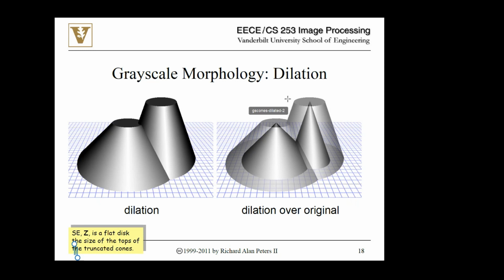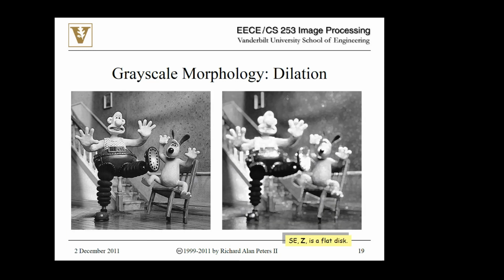Next one. Okay, so let's take an image like this one and let's dilate it. So if we dilate, all the bright areas will become bigger. So for instance, here in the eyes, it's very clear. The eyes disappear because the eyes are dark.